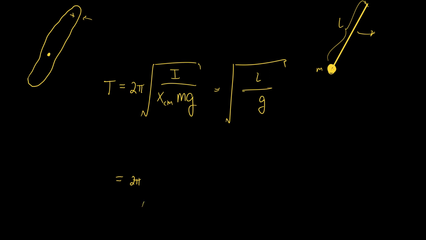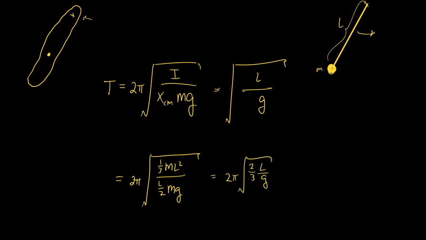If I do the work here, where I is 1/3 mL squared, and x, the distance from the pivot to the center of mass, is L over 2, mg. I can cancel one of the L's. I can cancel the m, which is why I was going to be frustrated if somebody asked me for m. And do you also get that it's 2 pi times the root of 2/3 L over g?